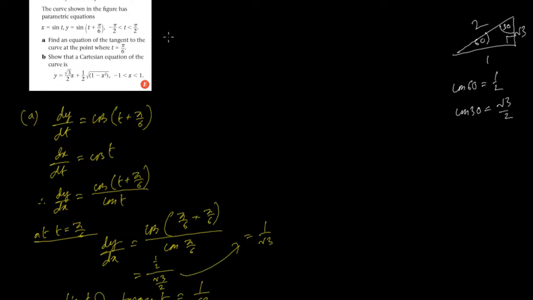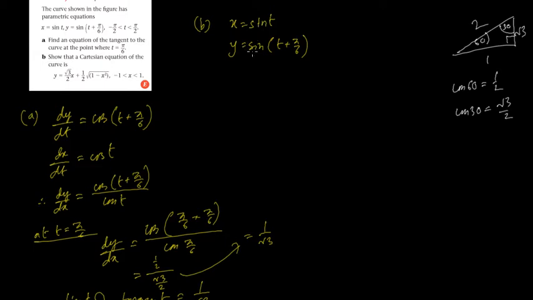The first thing that we have to do: x equals sine t and y equals sine of t plus pi by 6. So in order to connect the two, we need an identity that connects these two.